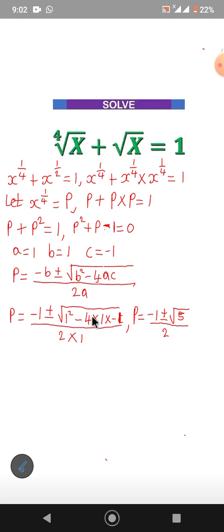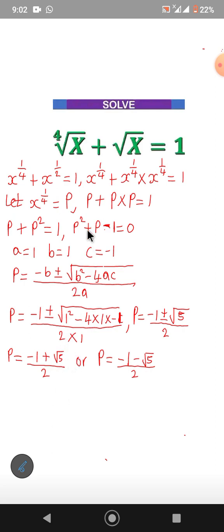So the next thing to do, I will say p is equal to minus 1 plus root 5 over 2, or p equal to minus 1 minus root 5 over 2. So we have gotten the values of p.